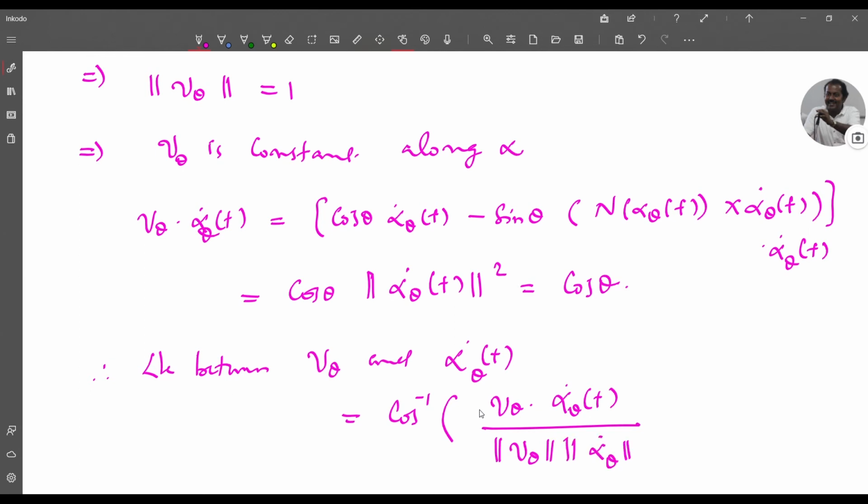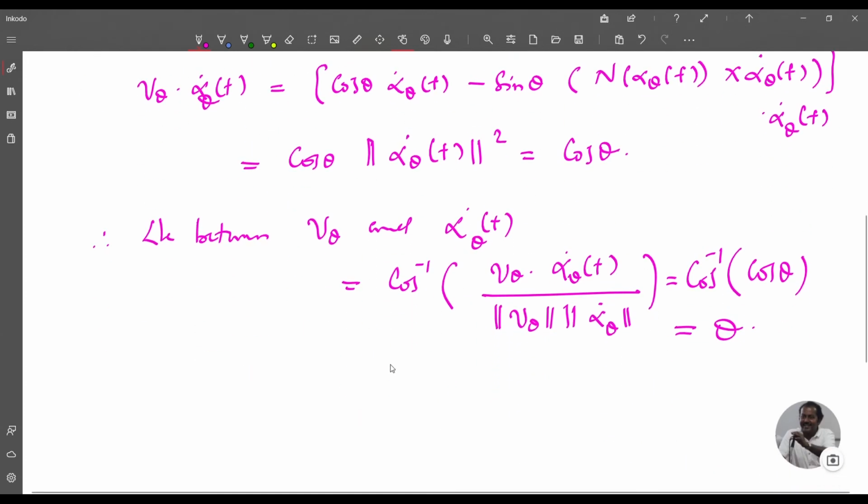This is equal to cos inverse. You know that this quantity is cos theta and these two quantities are 1. So this is actually equal to theta. That is, the angle between v theta and alpha dot of theta is a constant. It is independent of t. So it is a constant.